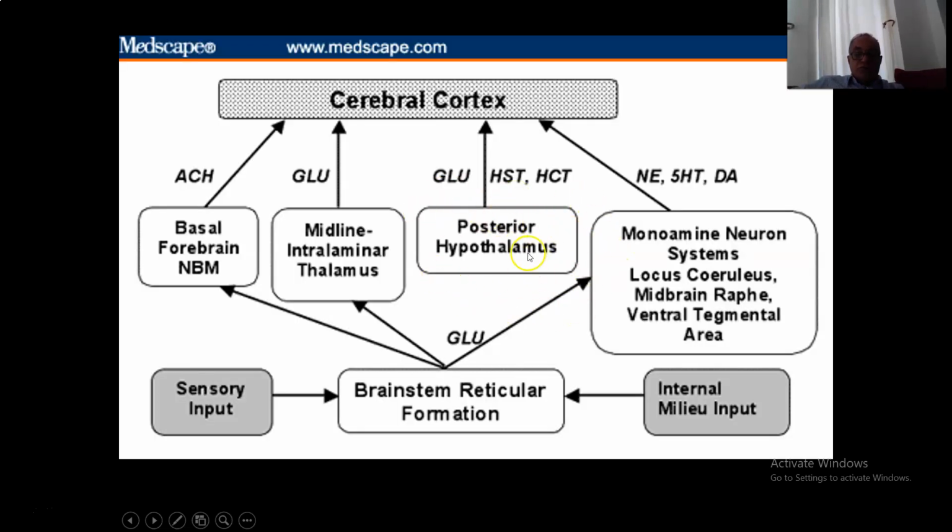One of the most important centers is the posterior hypothalamus, always sending impulses to the cerebral cortex, and also the reticular formation of the brain stem, sending impulses to the cerebral cortex to keep the patient awake. So this is another function.